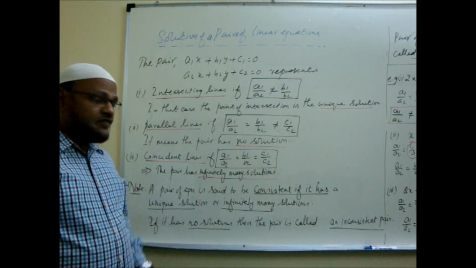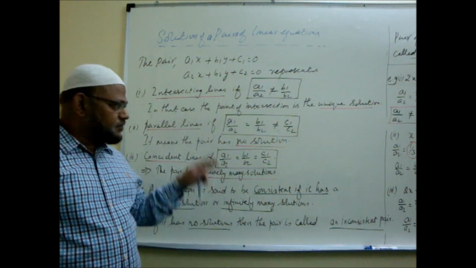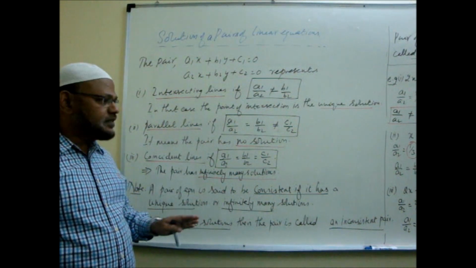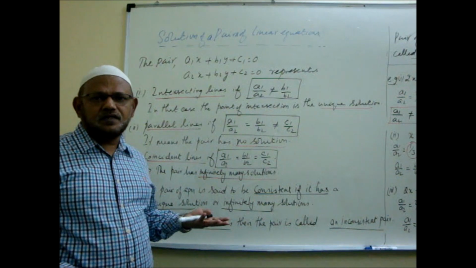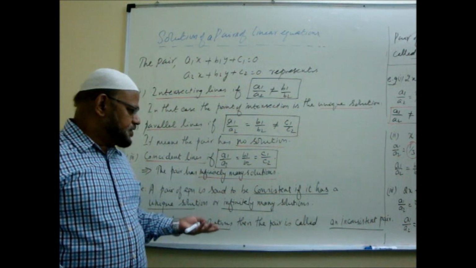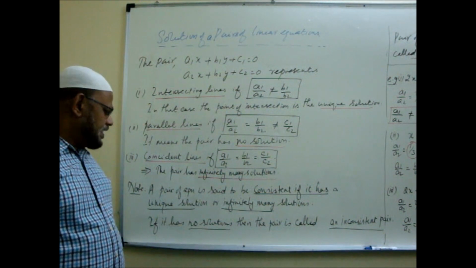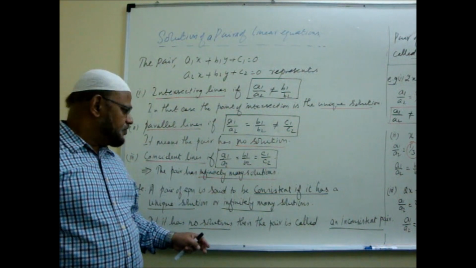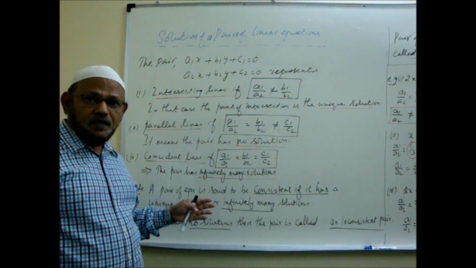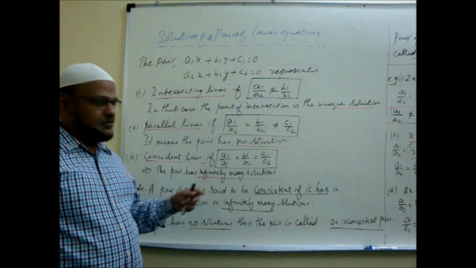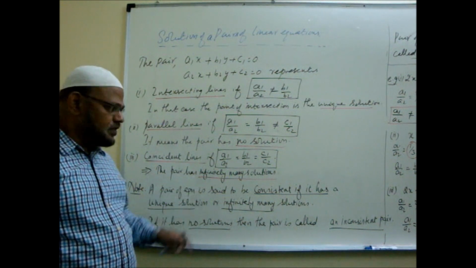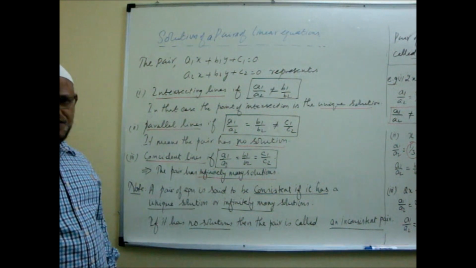If it has no solution, if the lines go parallel, then that pair is inconsistent, unreliable. So if there is no solution, then the pair is an inconsistent pair.